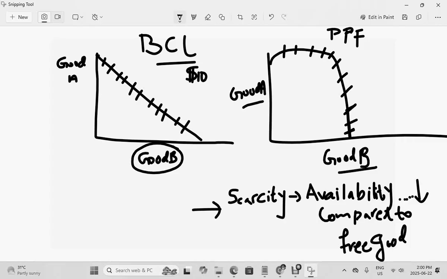Now, apart from scarcity, you also have to consider trade-offs. You have trade-offs on your budget constraint line when you trade off good B for good A when spending your money.